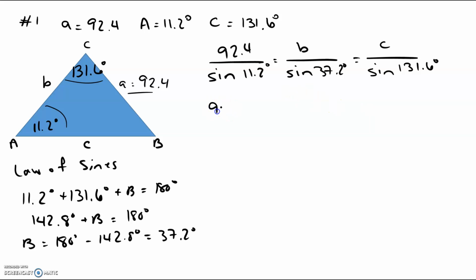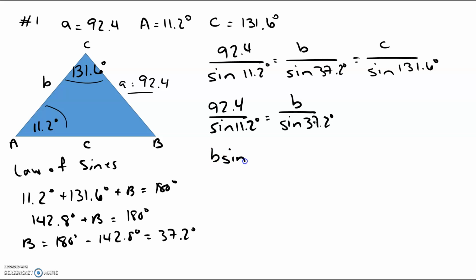Okay, so we're going to have 92.4 over sine of 11.2 is equal to B over sine of 37.2. Now I'm going to cross multiply. B times sine of 11.2 is equal to 92.4 times sine of 37.2.